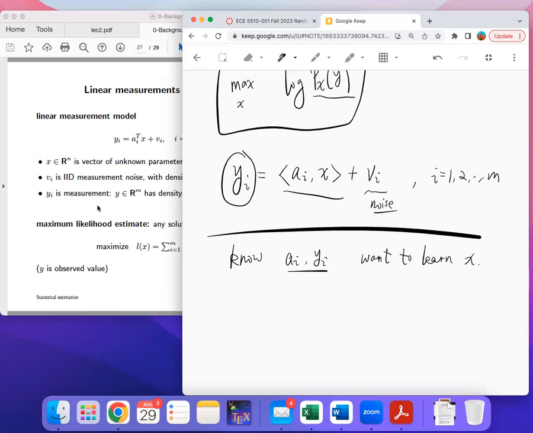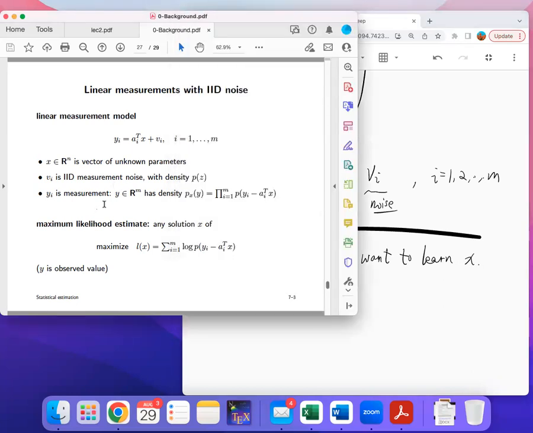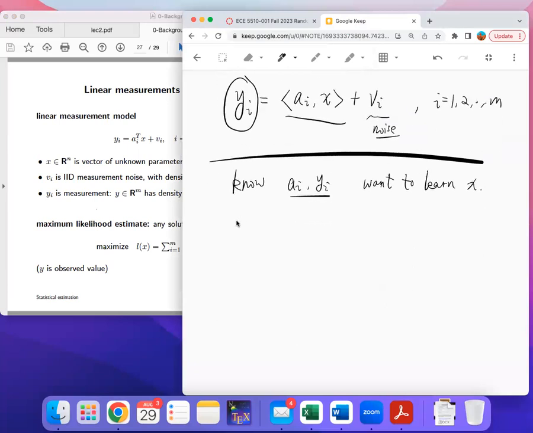So what we do is to build this maximum likelihood estimator. Okay, so I'm going to look at what is the probability of observing Y given an underlying X. So if I write it out, it is the probability of, because Y here is a vector of all the observations.